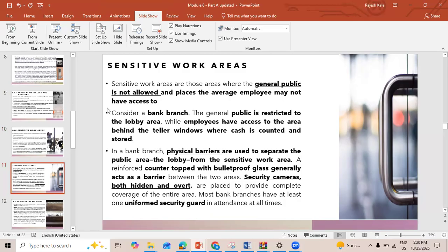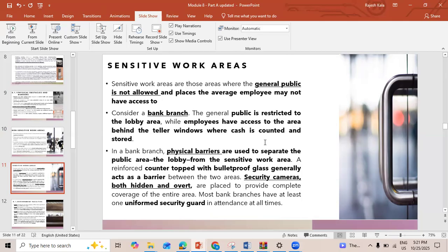Go for a bank. If you are considering a bank, there will be a lobby area where people are allowed to sit. And there are some employees who have access to the area behind the teller window where cash is counted and stored. In a bank, there will be a specific area we call the cash counter. The cash counter has two sides. On one side you will be standing in the queue and giving a token through a small hole.